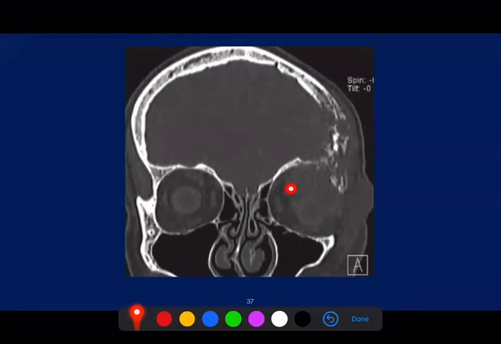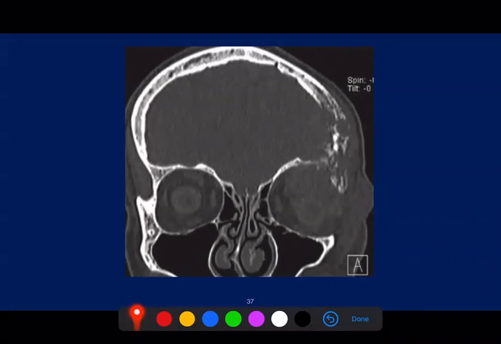Okay. And also, so what about this area? And also infiltrating the bone as well, the superior orbital floor. So there's bone destruction.